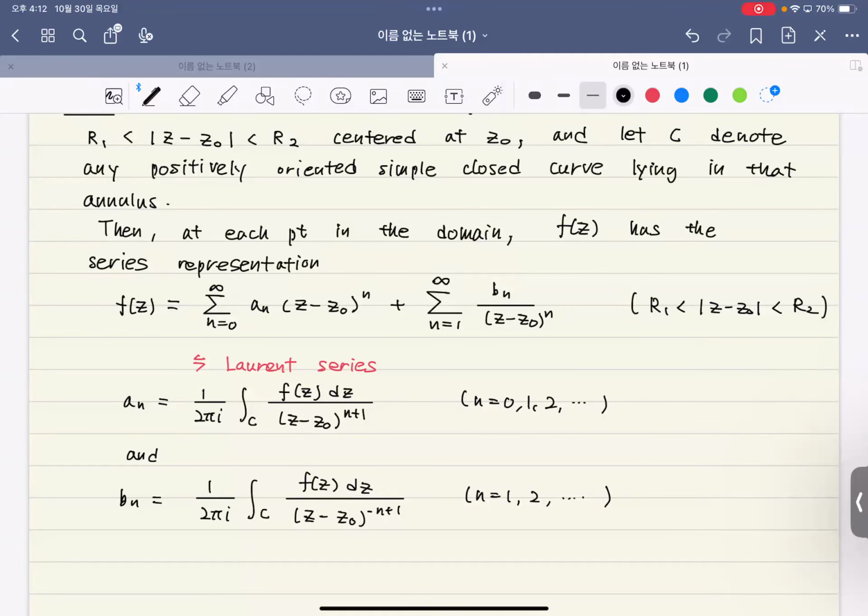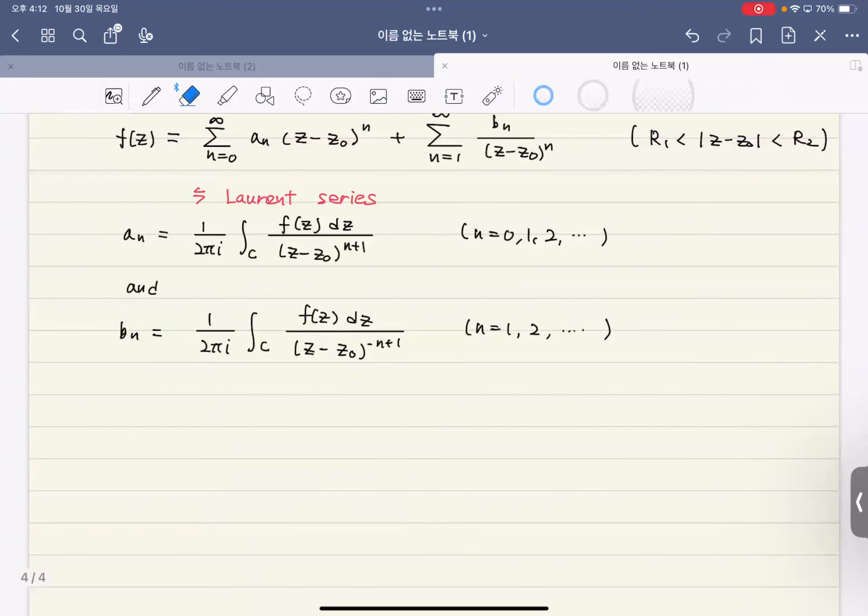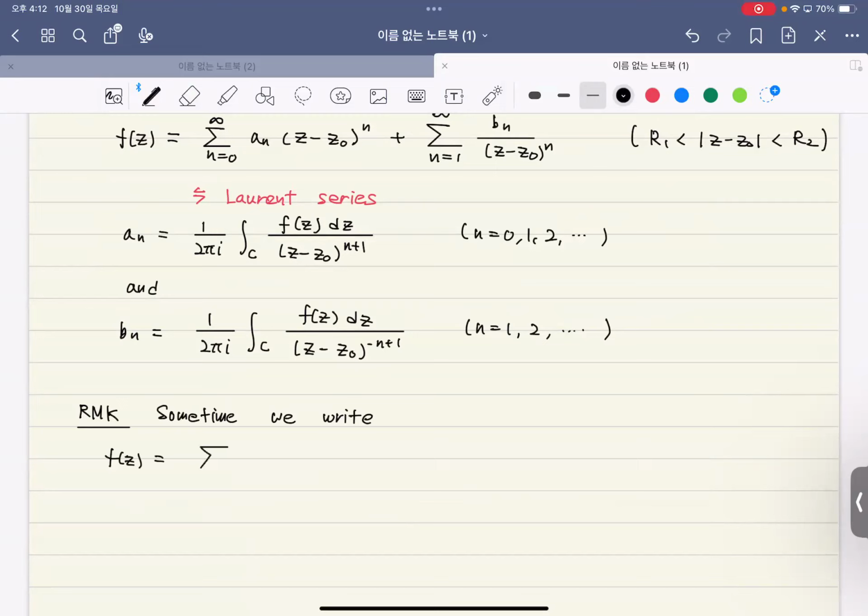In some other textbooks, they sometimes write the series with the index running from minus infinity to plus infinity, as the sum of Cn times z minus z0 to the n, where Cn is 1 over 2 pi i times the integral of f dz over z minus z0 to the n plus 1.